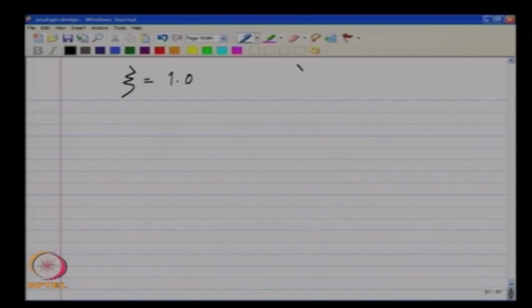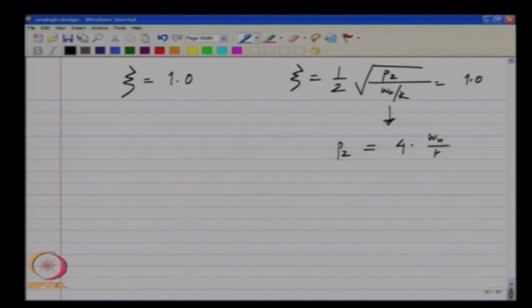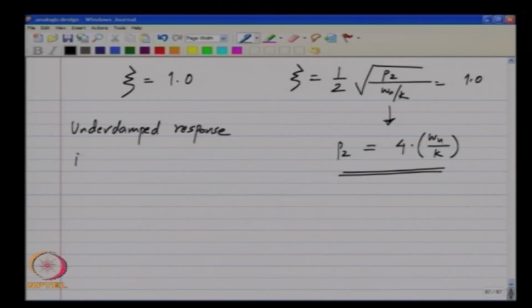So, this means that zeta, which is half of square root of P2 by omega u by k, this should be 1.0. Okay. And from this you see that P2 has to be equal to 4 times omega u by k. Now, we also know that we get an underdamped response if zeta is much less than 1.